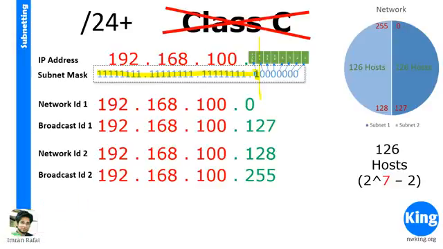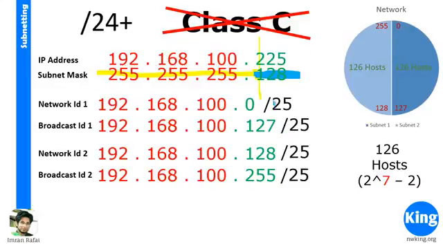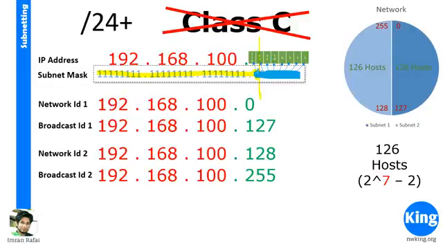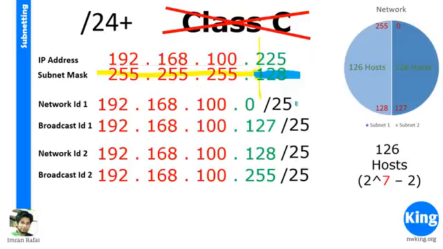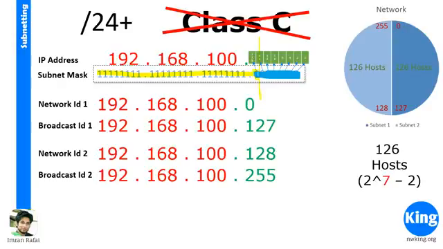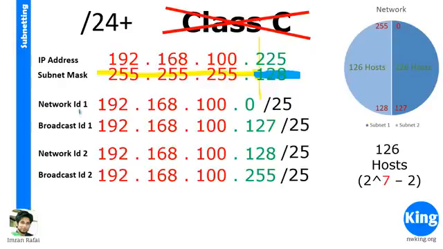The fourth octet is now nothing but 128, because 10000000 is 128 in decimal. And because we now have 25 bits in the network, these addresses are going to be /25 addresses. Right, that is nothing but subnetting, and it's very easy.